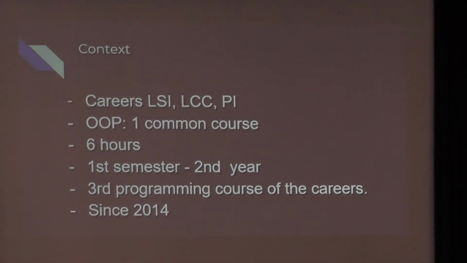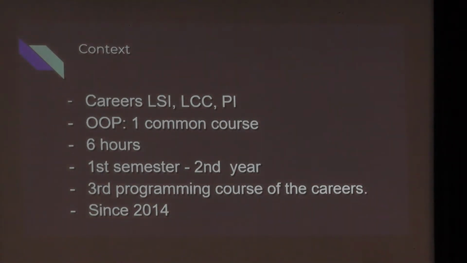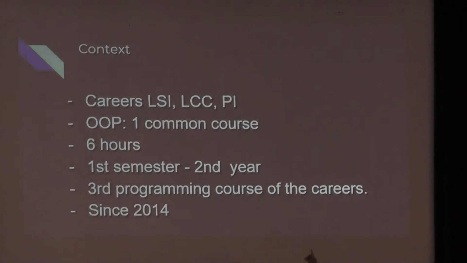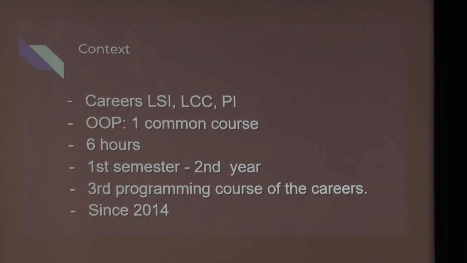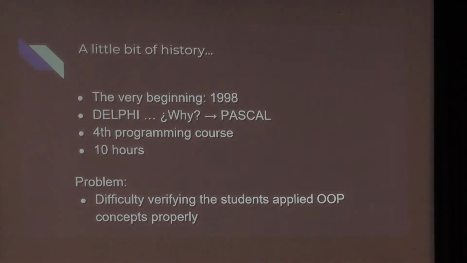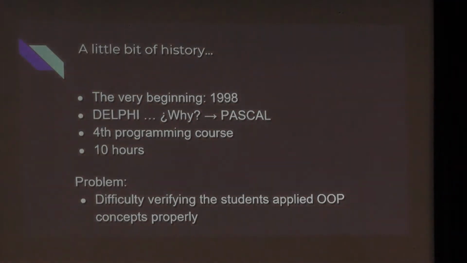And it's the 3rd programming course of the careers, all three of them. And we have this scheme, this structure since 2014. But we have to put you in with a little bit of history.